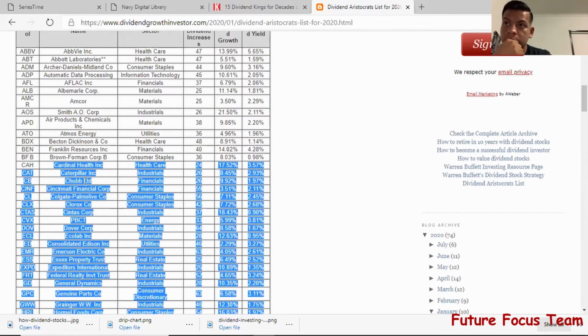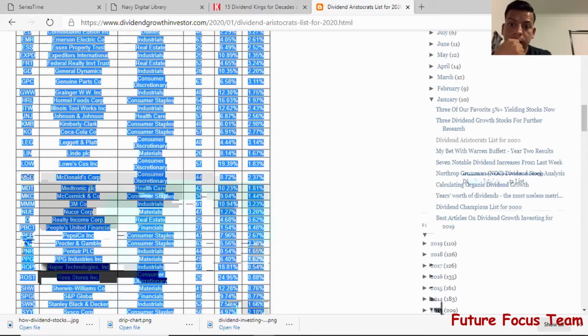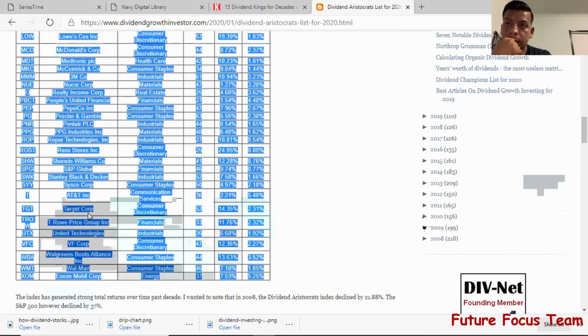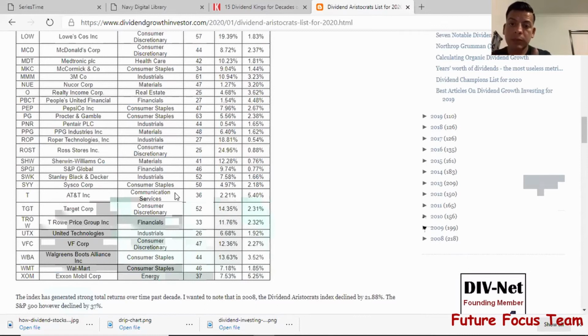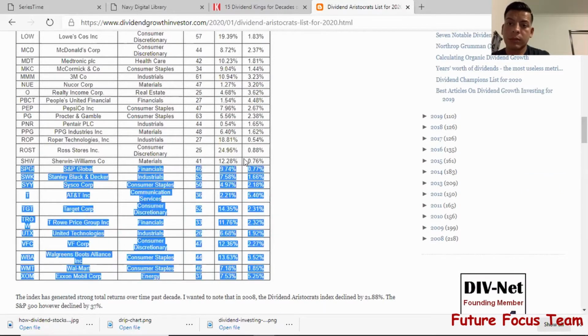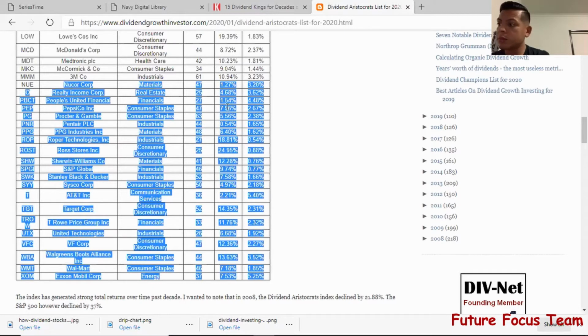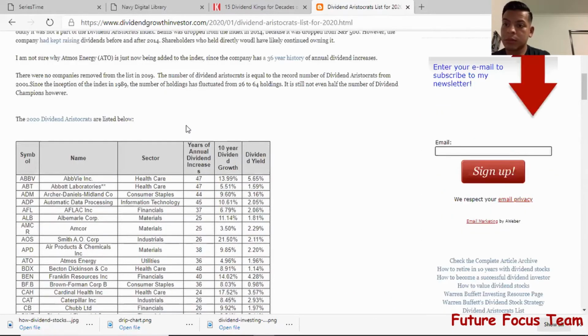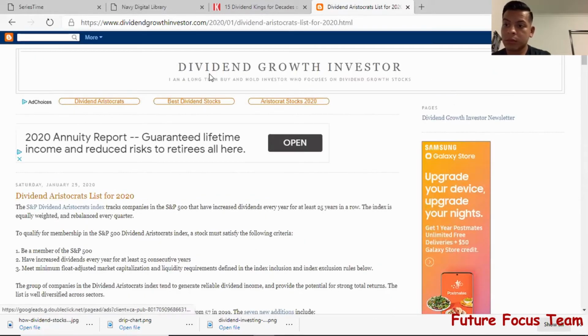Maybe not because they're not good, but I just don't know what they are. I never heard of them. I don't understand what they are. I don't know who their CEO is. I haven't done enough research on them to feel comfortable putting them into my own individual portfolio that I was creating for dividends.